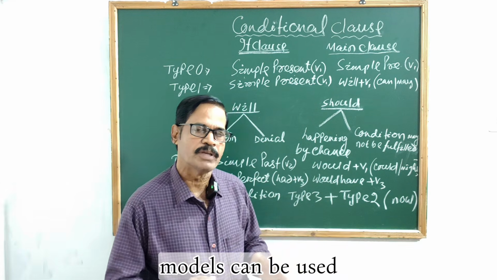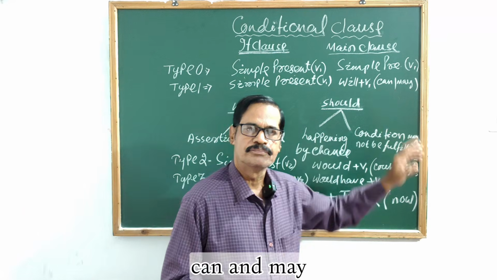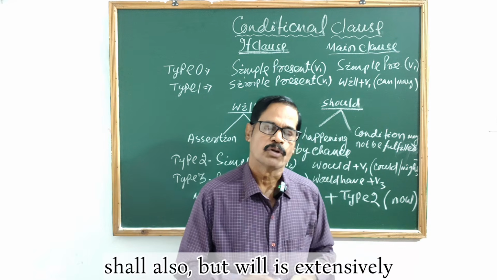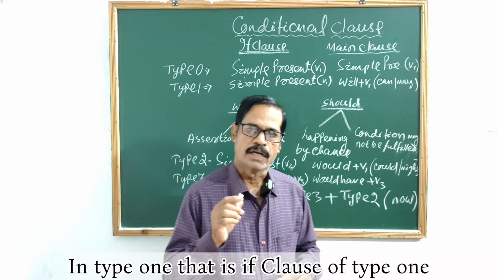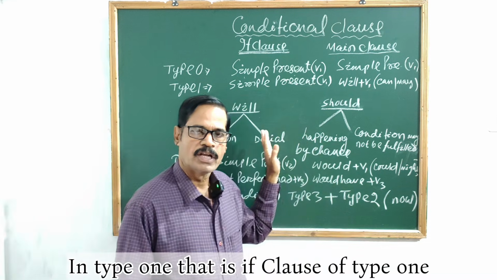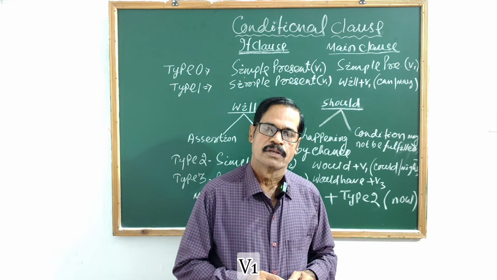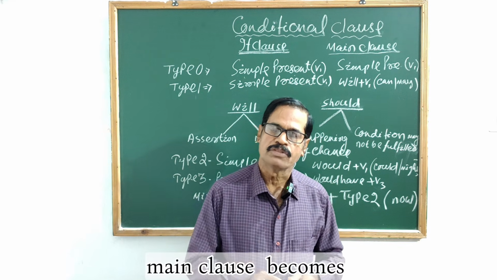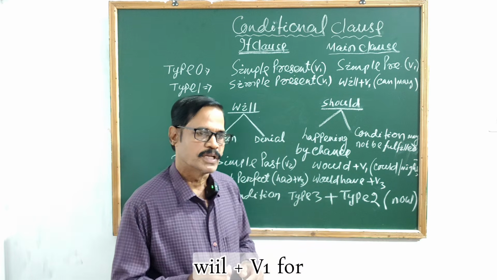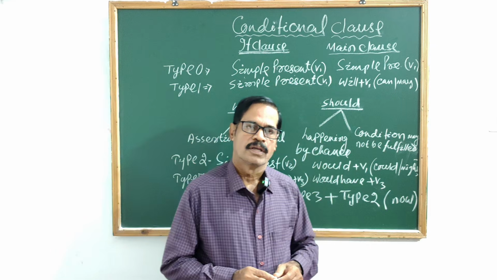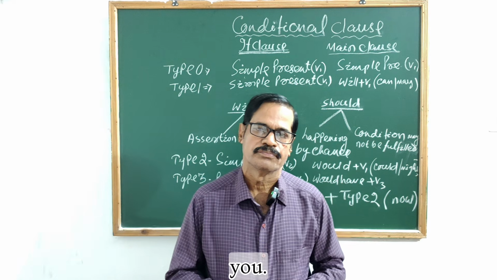Though some other modals can be used like can and may and shall also, but will is extensively used. Again I repeat, in type 1, the if clause becomes simple present or V1, main clause becomes will plus V1. For example, if you request me, I will help you.